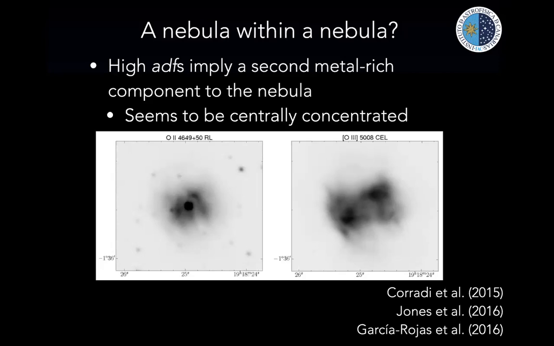And so this second metal-rich gas phase cools more effectively and ends up being brighter in the recombination lines, while the more normal gas phase has a higher temperature and ends up being brighter in the collisionally excited lines. So this means that this metal-enriched phase is closer to the central star, so perhaps ejected later.